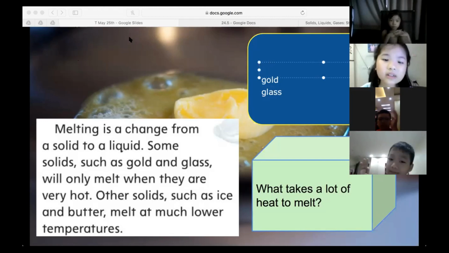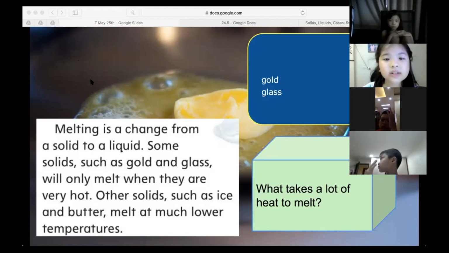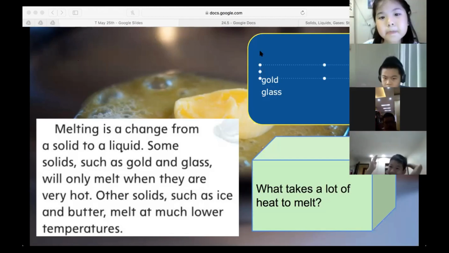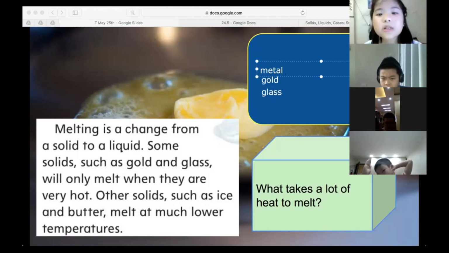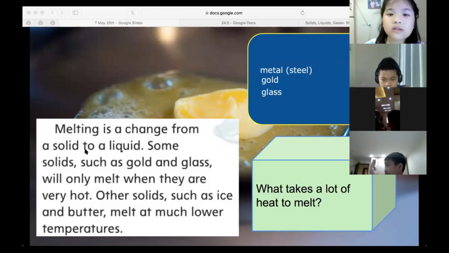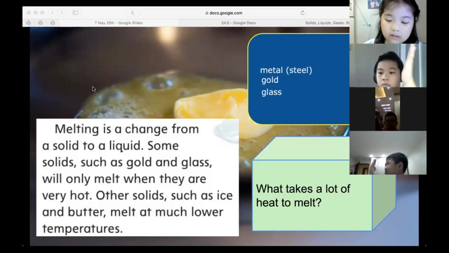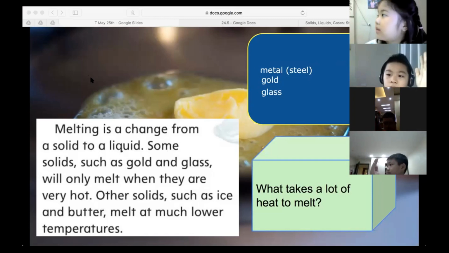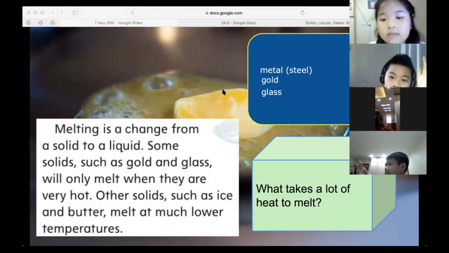We've already said glass. Susu, go ahead. Metal. Metal, excellent. A lot of different types of metal, especially steel. Steel is the really, really hard one to melt. I have a special one. You have a special one, Rosie. Go ahead. Diamond.